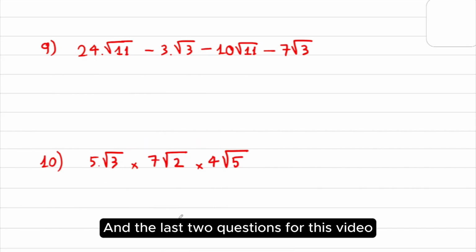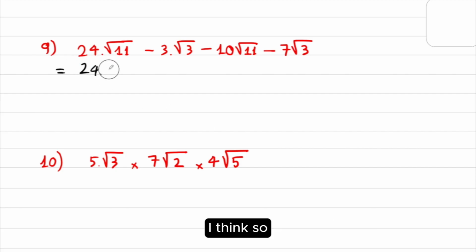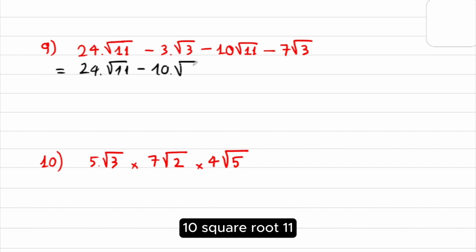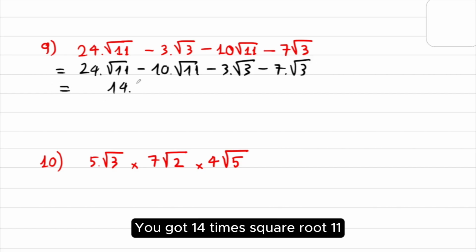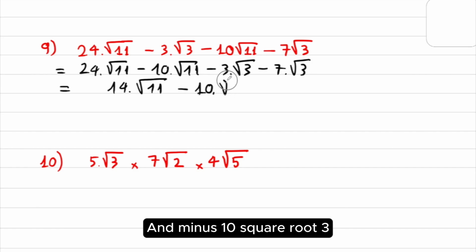And the last two questions for this video, you can work on by yourself. I think so. You might get 10 square root 11 minus 3 square root 3 minus 7 square root 3. So after this, you get 14 times square root 11 and minus 10 square root 3.